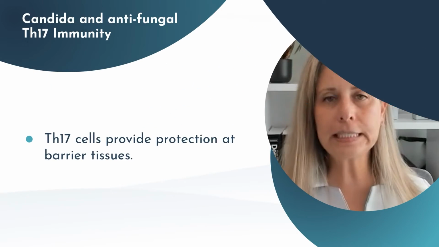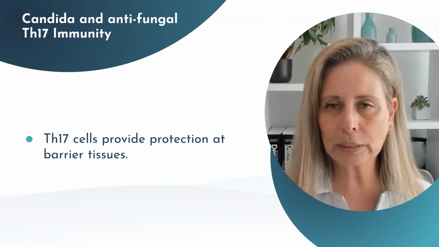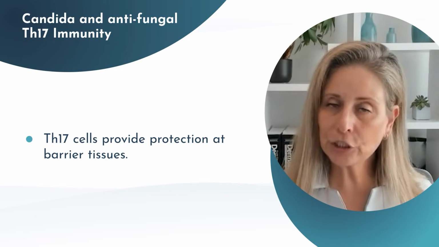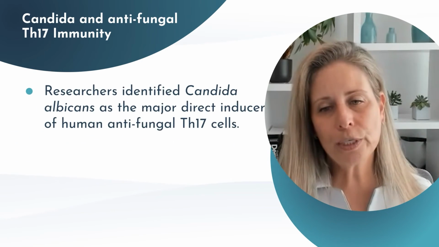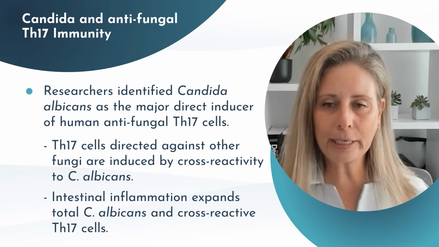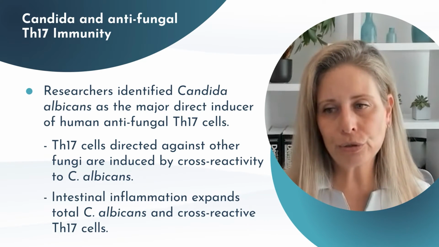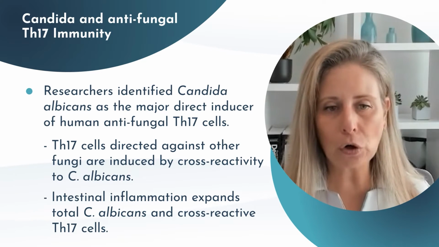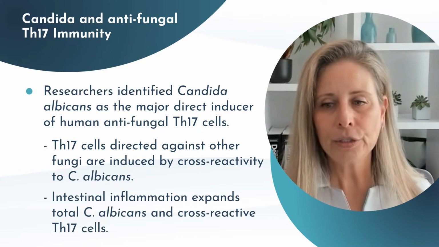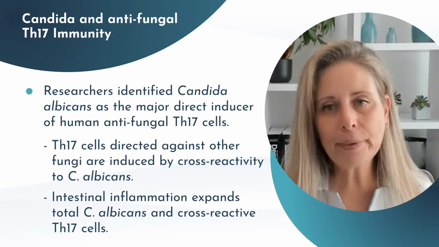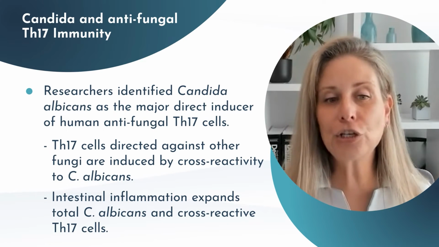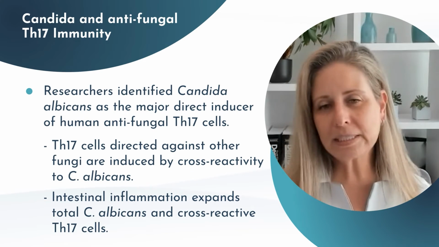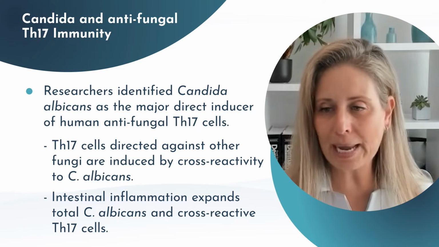Basically, this whole study explains that these Th17 cells that we looked at earlier provide protection for us at barrier tissues. So researchers identified that Candida albicans is the major inducer of the human antifungal Th17 cells. So they're kind of like priming our Th17 cells and teaching them at university what it's like to see fungal elements and how to react against it.